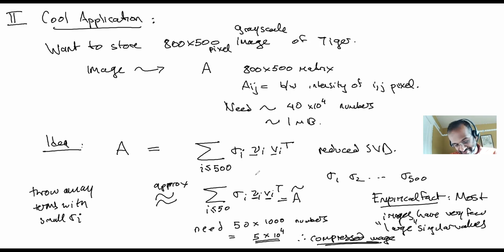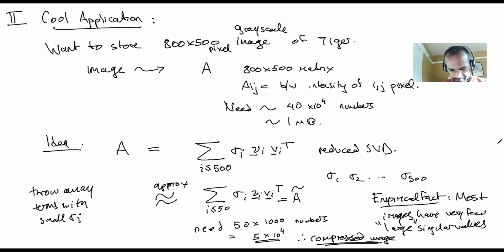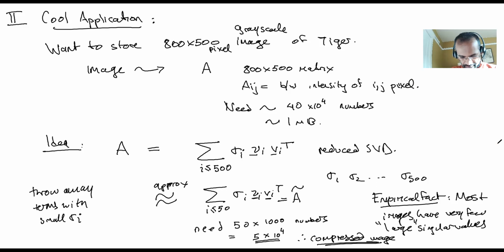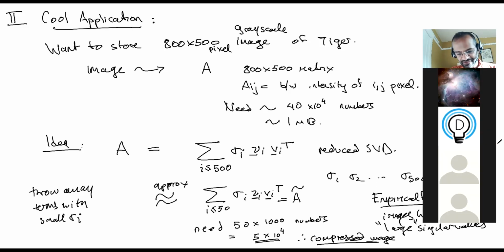So what that means is that even if you just ignore those terms, it's not going to change the matrix too much. Because after all, A is the sum of all these terms. If you throw away the small ones, it's not going to change the actual matrix too much. But doesn't that mean that they had very few large singular values to begin with? Correct, they had very few large singular values to begin with.